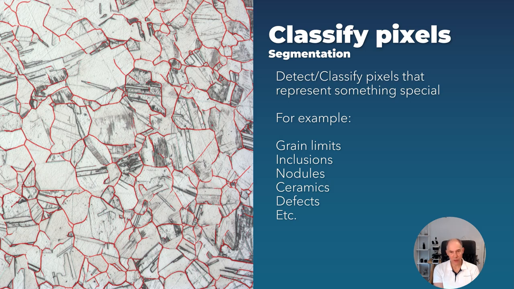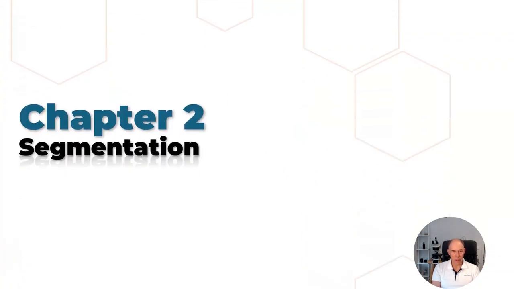This is called segmentation. So this can be used to detect virtually anything or something special in the image. For example, grain limits, an inclusion, nodules, ceramics, and defects, literally anything. And in this session, I'm going to focus on segmentation.